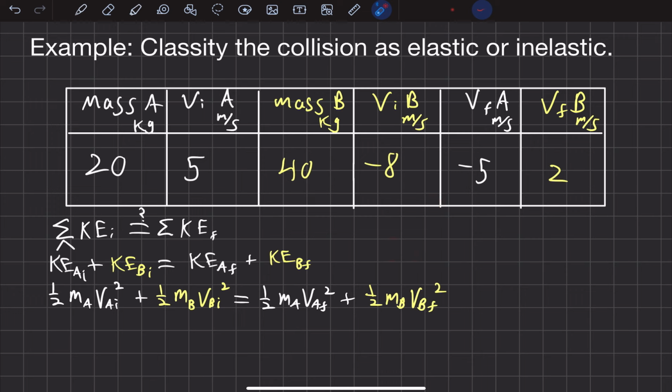One handy thing to do before you start plugging in values is to notice that every single term in this equation starts with a 1/2. If every single term in an entire equation has the same factor multiplied by it, we can eliminate that factor. Essentially we're factoring out the 1/2 on one side, and then factoring out the 1/2 on the other side.